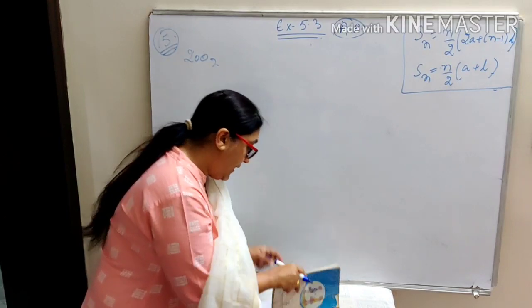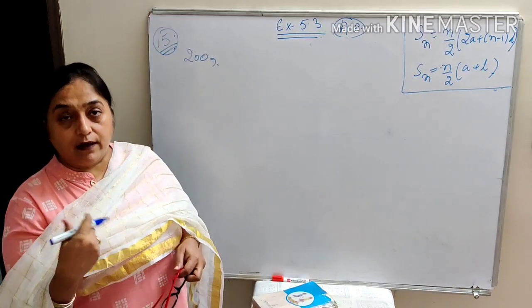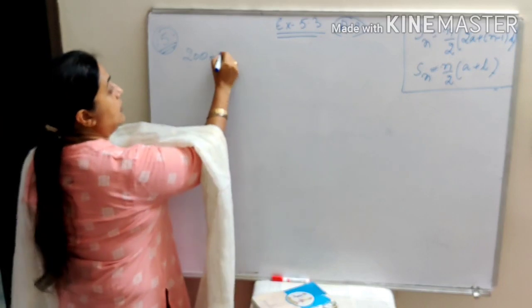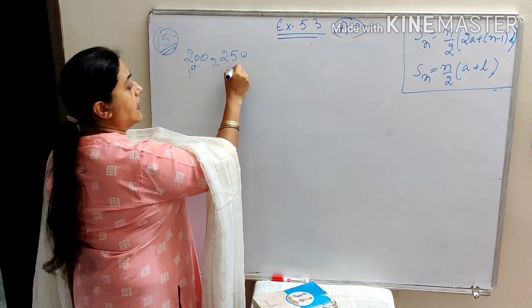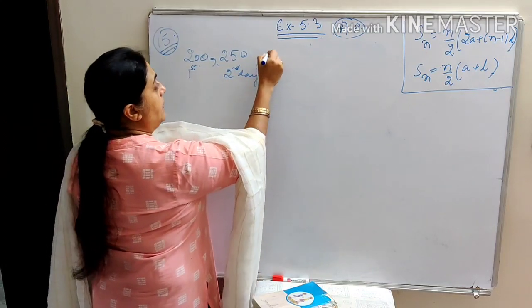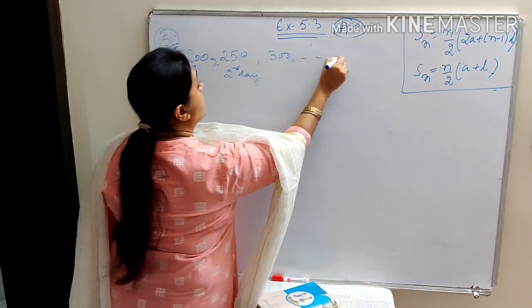That means every day a penalty of 50 rupees is increased. So the first day is 200, the second day 250, the third day penalty is 300 and so on.